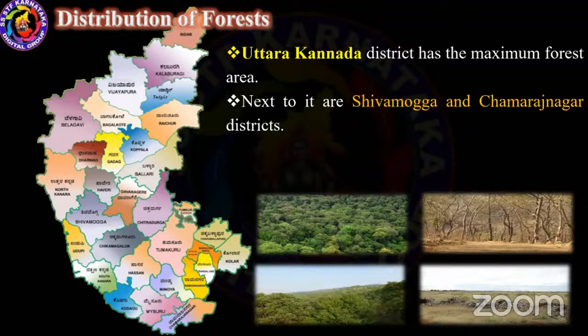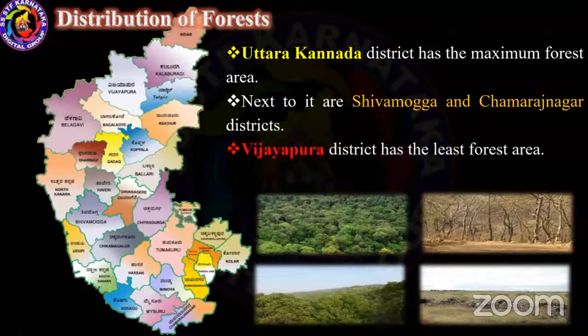And the least is our district, that is Vijayapura. It has less forest area compared with the other districts. First North Canara, second Shimoga, third Chamarajanagar, and the last is our district.